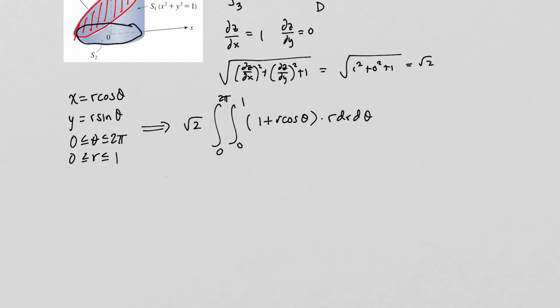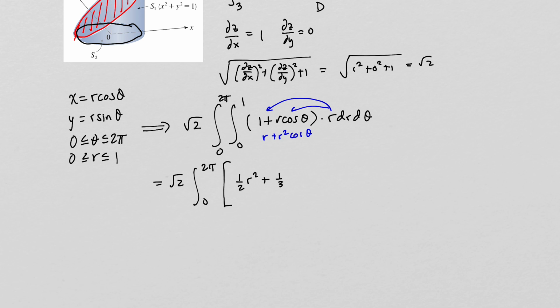So this is radical 2, integral from 0 to 2 pi. If you multiply in this r here, we get r plus r squared cosine theta. So when we integrate that with respect to r, we get 1/2 r squared plus 1/3 r cubed cosine of theta, evaluated from 0 to 1, and then d theta.